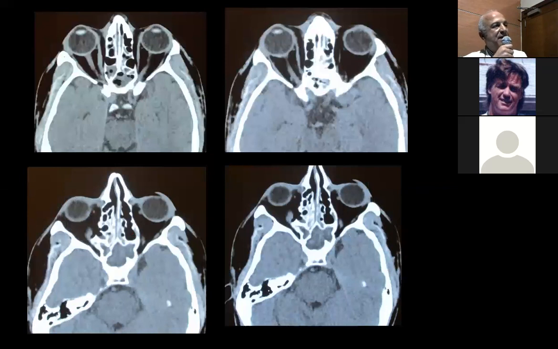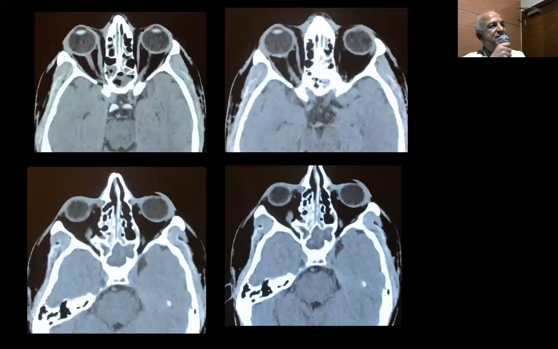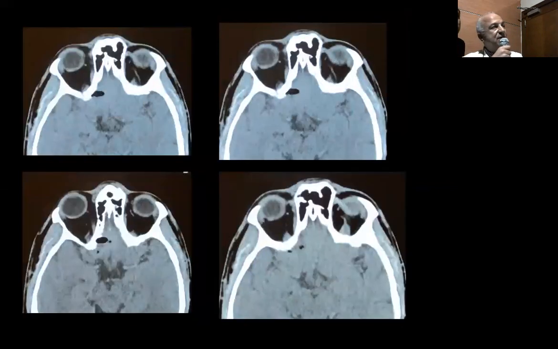Everyone knows by now that this is the sphenoid, and this is the ossification of the sphenoid sinus. We'll come back to it, but always please try to take images in different planes: sagittal, coronal, and axial.